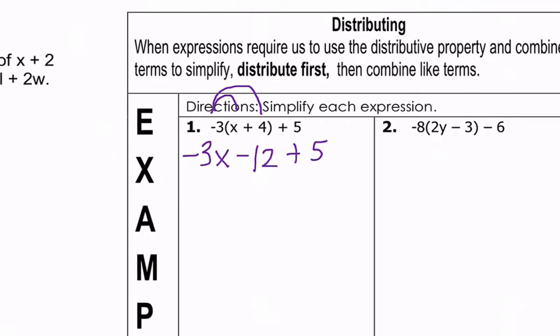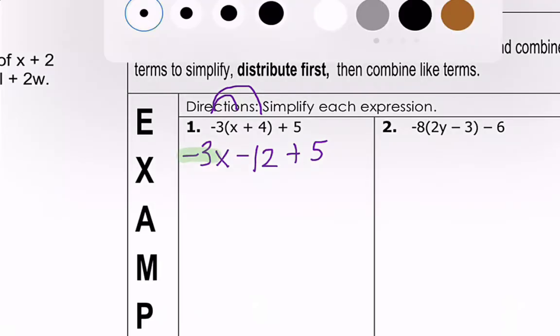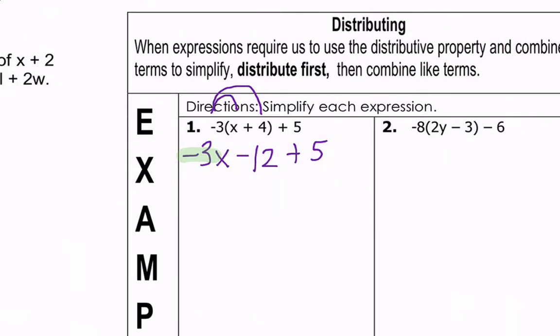Okay, we have finished the distribution part, so now all we have to do is take our like terms and combine them. Remember, that's what we did yesterday. We're going to take the stuff that looks alike and add them up. We look at our variables first, so I'm going to look for my x's, and I see -3x right here. There are no other x's, so remember, when that happens, it's easy peasy, we just drop it down.